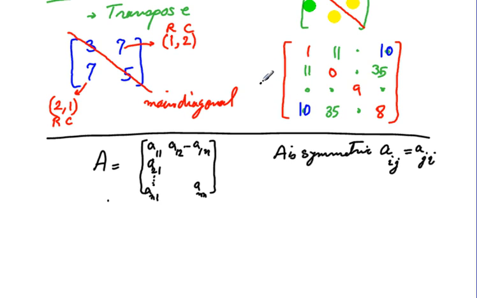For example, if this is my matrix A, this one is going to be A41, which is 10. This is A14, which is 10. For the matrix to be symmetric, these have to match for all entries. All entries means 1 through n.